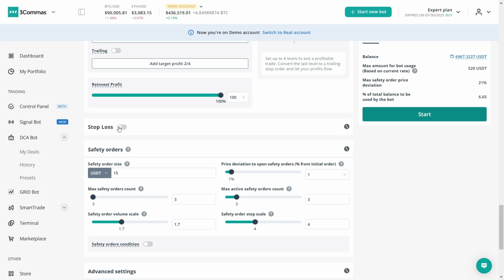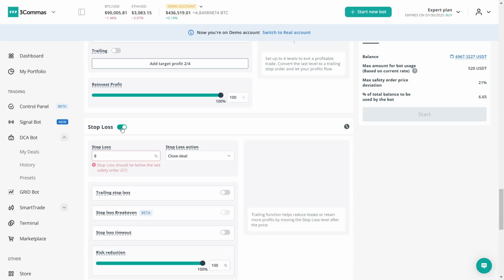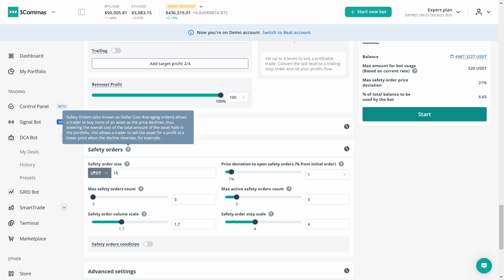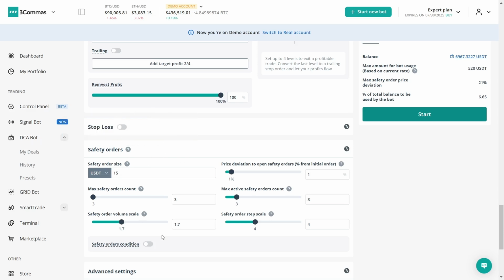Okay, so for example, let's suppose I want to close my deal if the price goes, sorry, something I forgot to say. You should never use safety orders and stop loss at the same time.